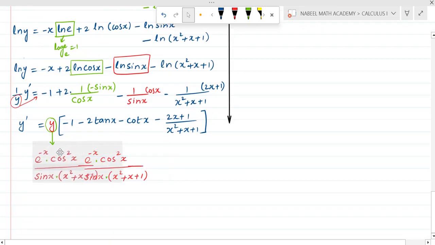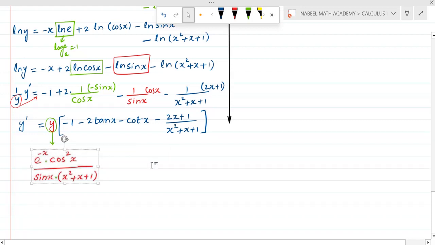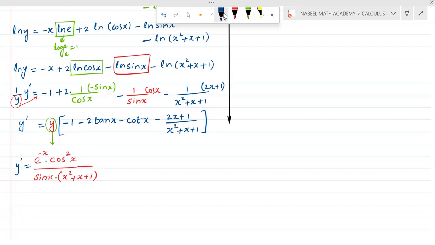So y prime is equal to this times 1 minus 2 tan x minus cotan x minus 2x plus 1 over x square plus x plus 1. So these are the two things.